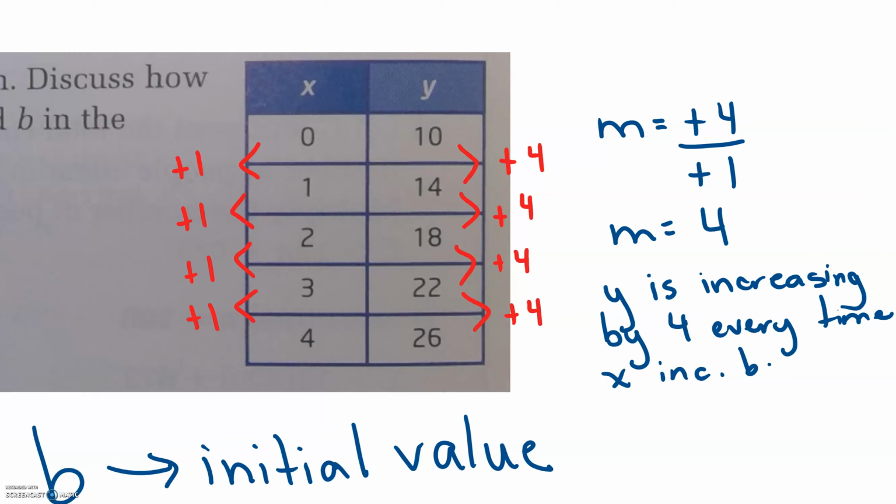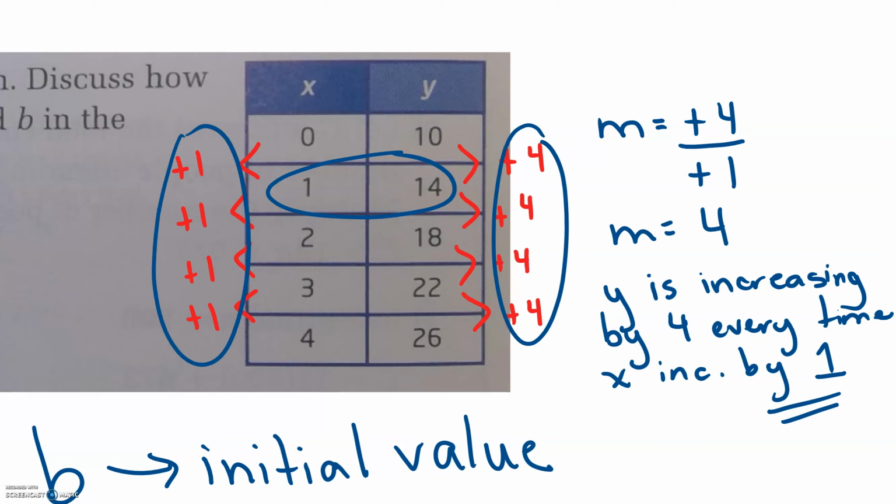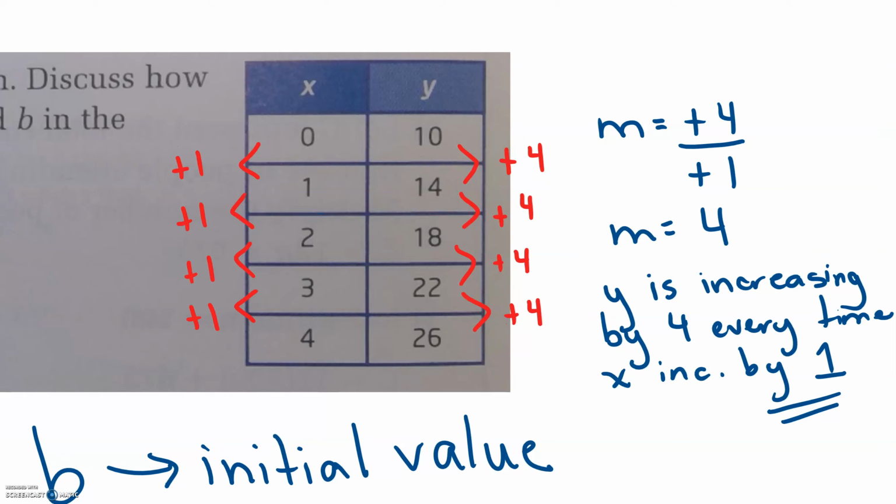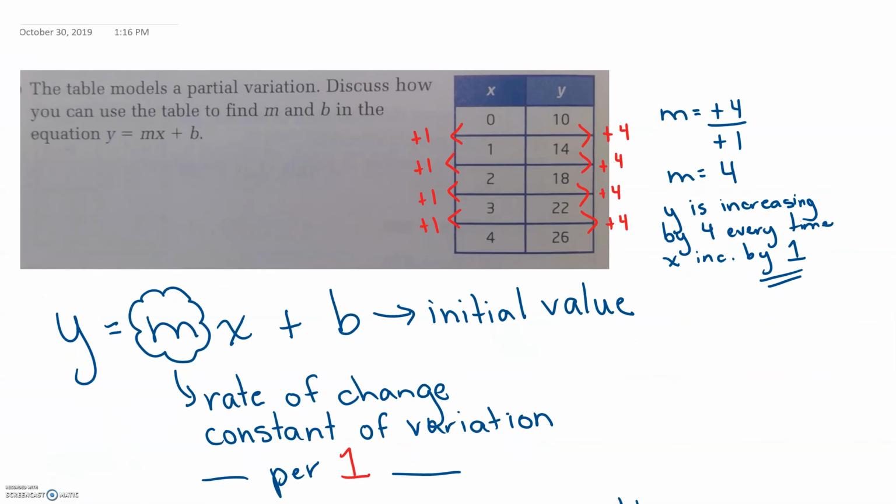Okay, so it's important to be able to tell that because we need to make sure that it's by 1. It can't be at 1, the y value is 14. You have to make sure that you have something per one something. Okay, so that's how you do that on a table in order to find your m.